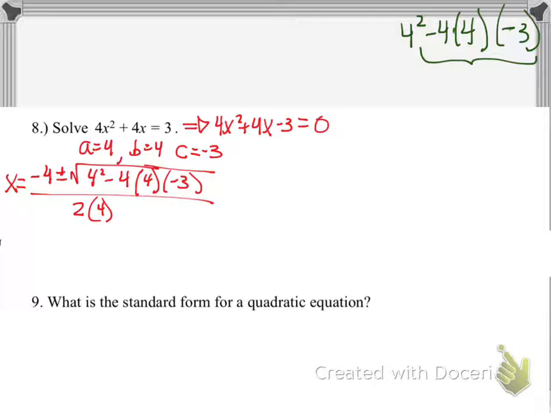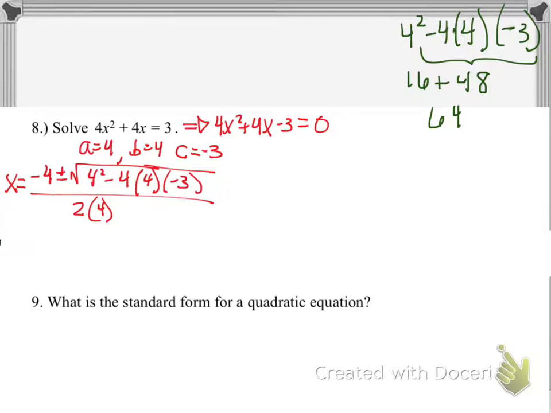I'm seeing that these 3 numbers on that side, 4 times 4 times 3, 48. And it's a -4 times a -3, so that's why it's positive. And we have 16. 16 plus 48 is 64.